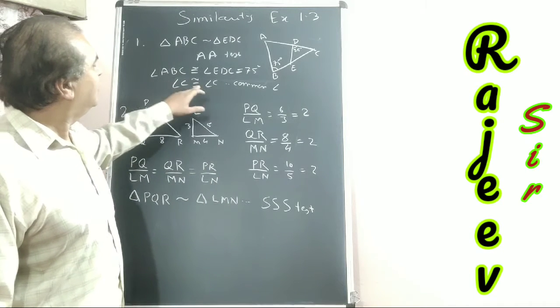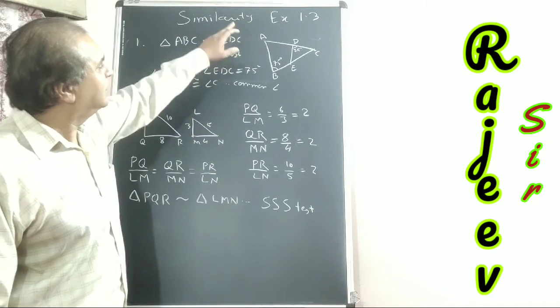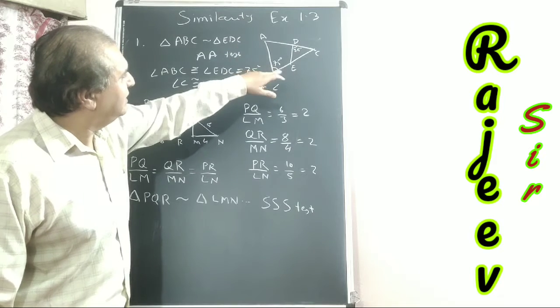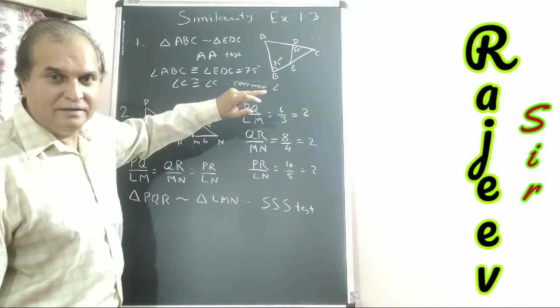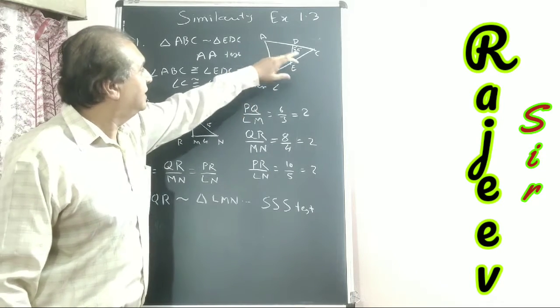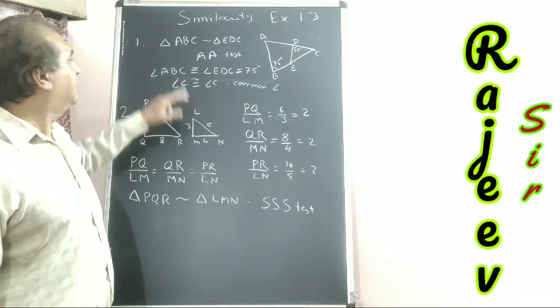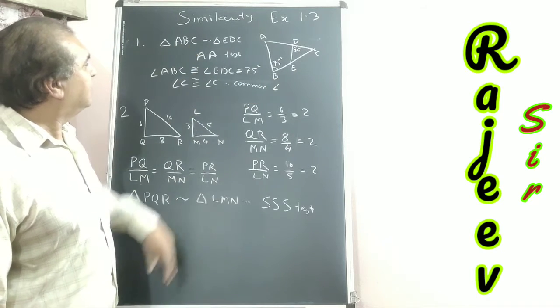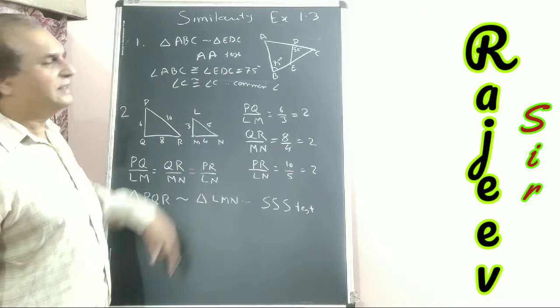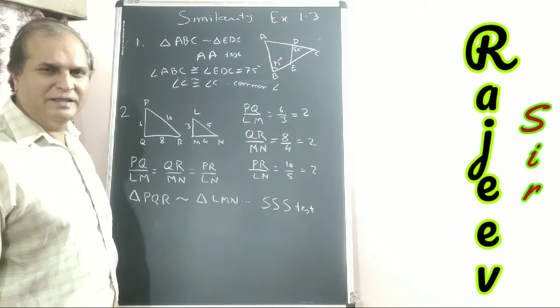And angle C is congruent to angle C, a common angle to both triangles. So triangle ABC is similar to triangle EDC by the AA test. One mark question it is.